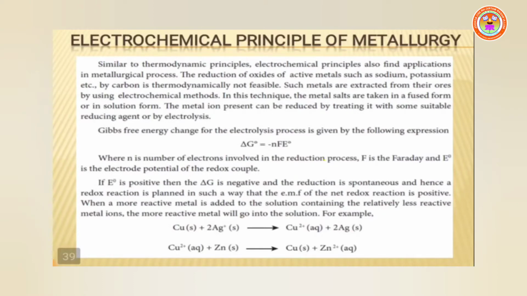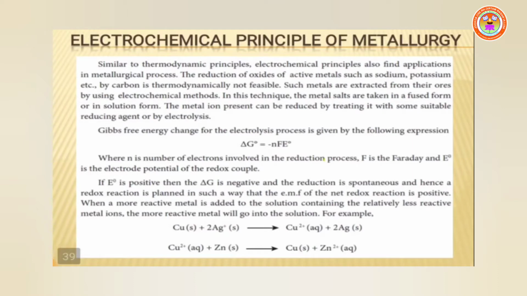So what is the electrochemical process? In the electrochemical process, the metal salts are taken in a fused form or in solution form, and the metal ion present in it is reduced to metal by treating it with some suitable reducing agent or by electrolysis.